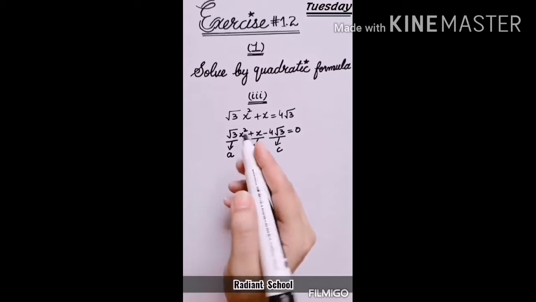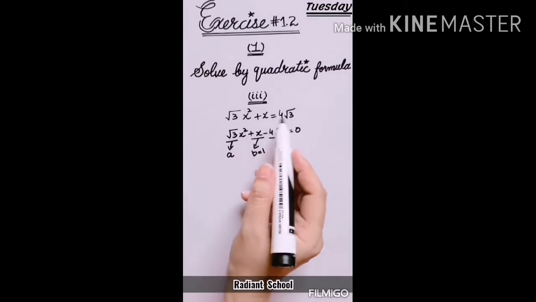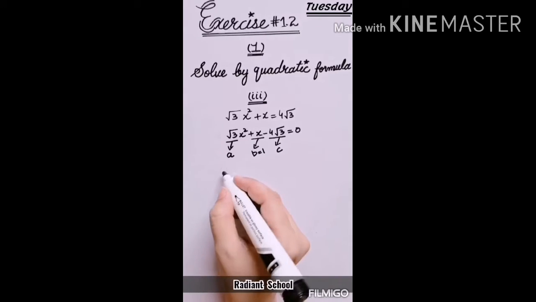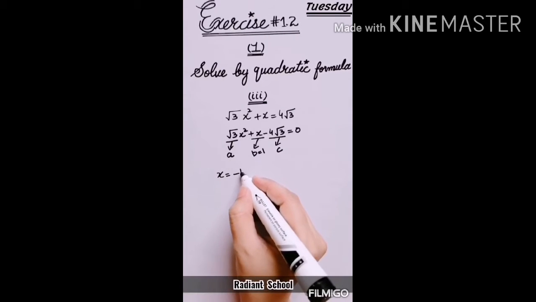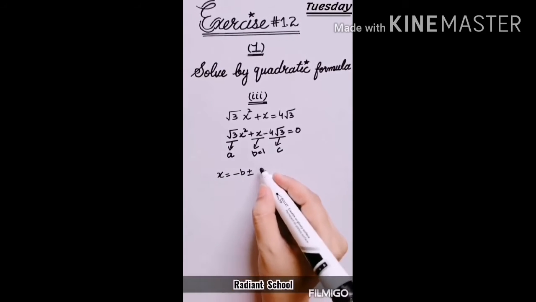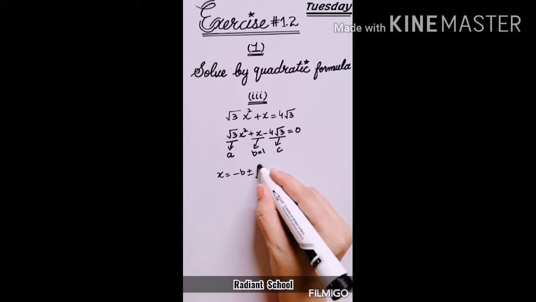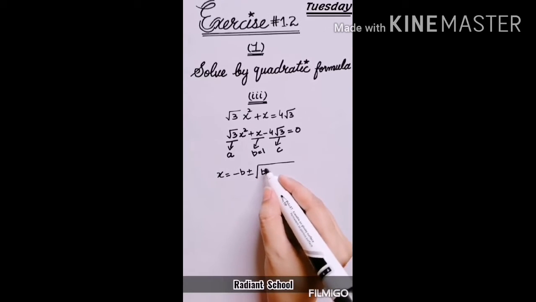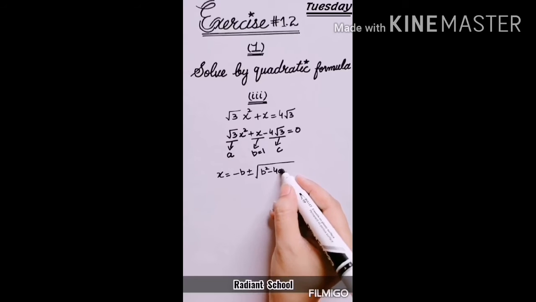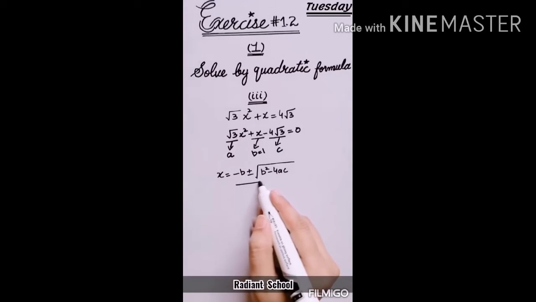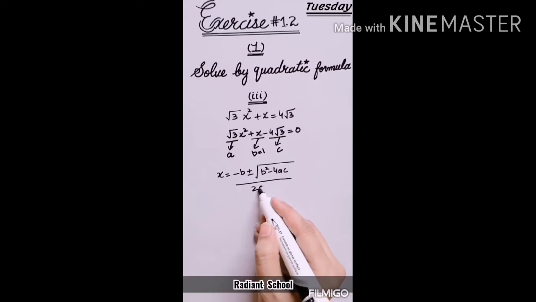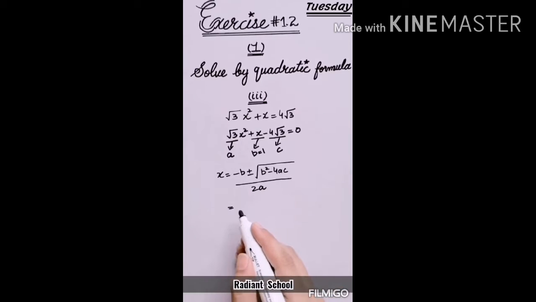We are having the quadratic formula, as the variable involved here is x: x is equals to minus b plus minus square root of b square minus 4ac divided by 2a. Now we will put the values of a, b and c.